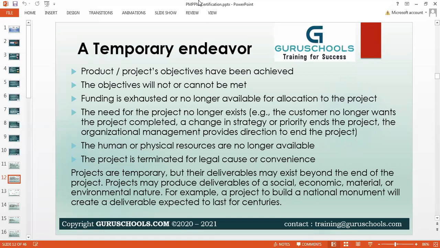Otherwise, they are of no use. The need of a product no longer exists, right? So then it's a failure because I have delayed the project and the need vanished already. The customer no longer wants the project completed.